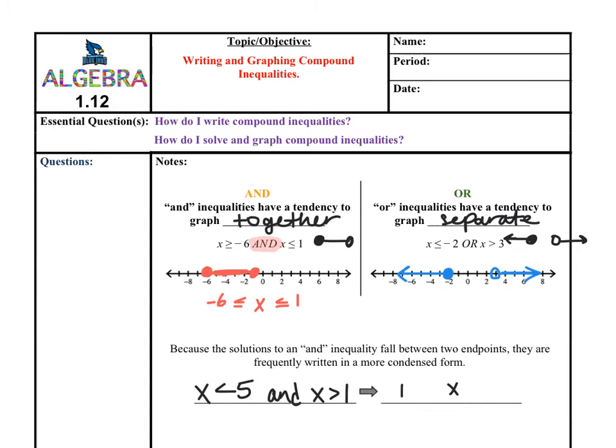So 1 is over here, 5 is over there, x is less than 5, and x is greater than 1. Both of your signs should be facing towards the right. So it now reads the same way, greater than 1, less than 5. This is how I want to see you write it from here on out.